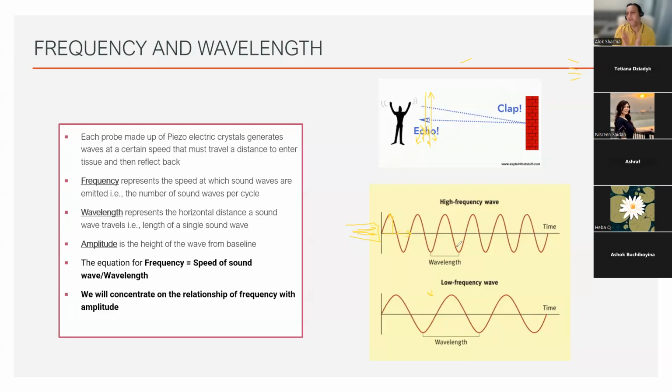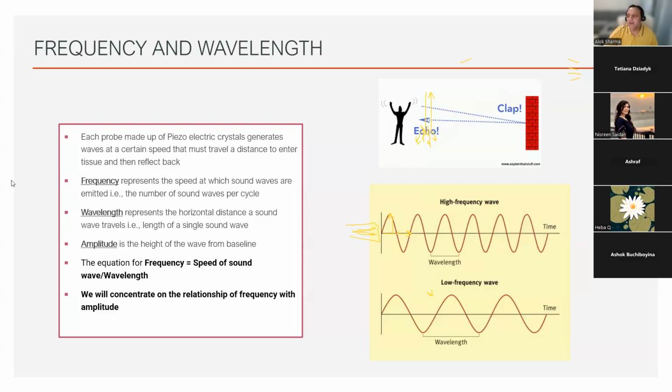So this clapping, this is frequency. And the time between two claps is basically the wavelength. Now, the loudness that you hear, this is actually the amplitude. So this is a higher amplitude. This is giving you the loudness. This is a lower amplitude. This is not giving you the loudness.